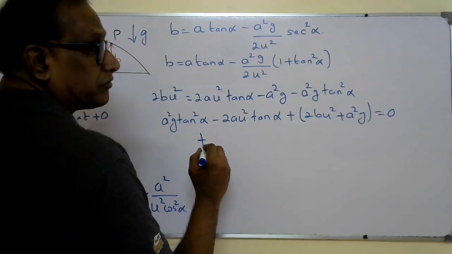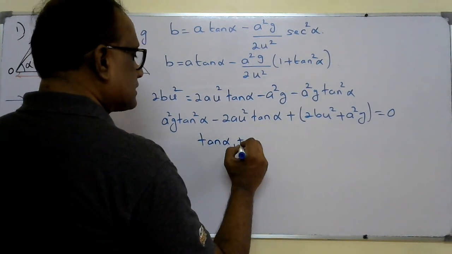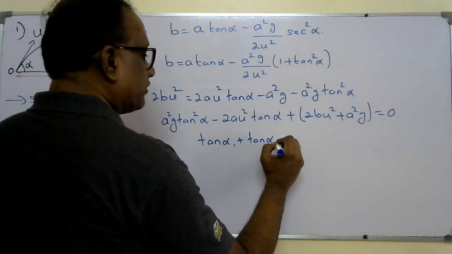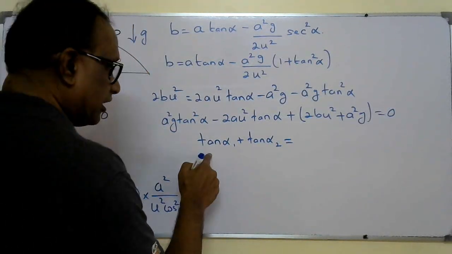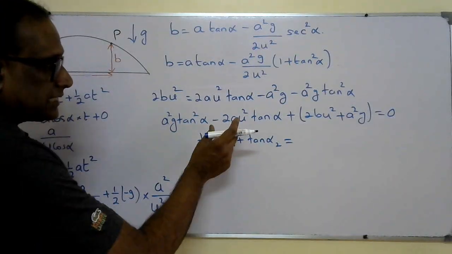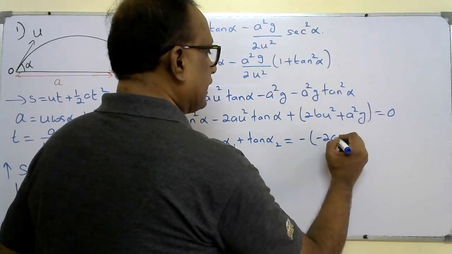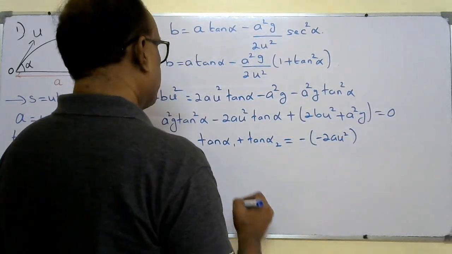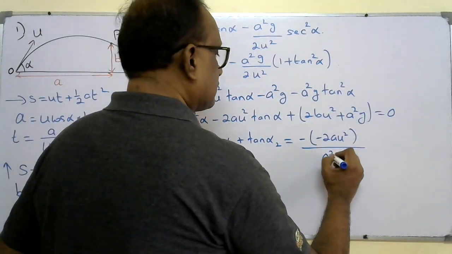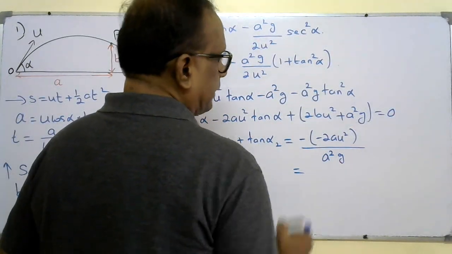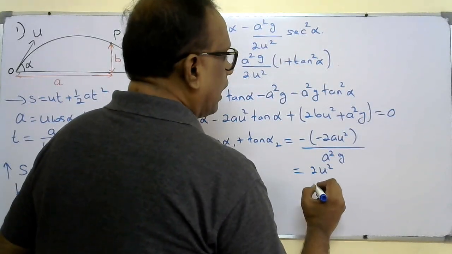The sum tan alpha 1 plus tan alpha 2 equals minus b over a, that is minus minus 2a u squared over a squared g. If you solve it, it is 2u squared over ag.